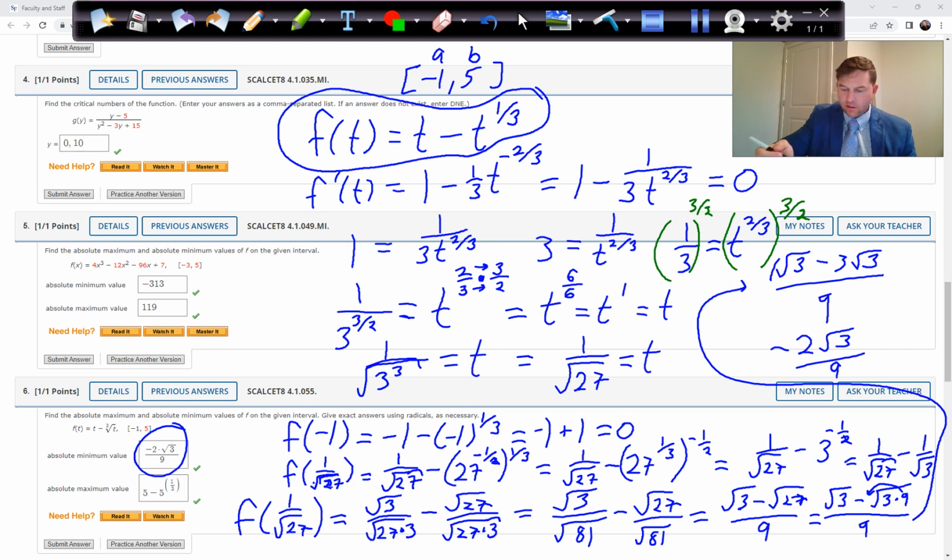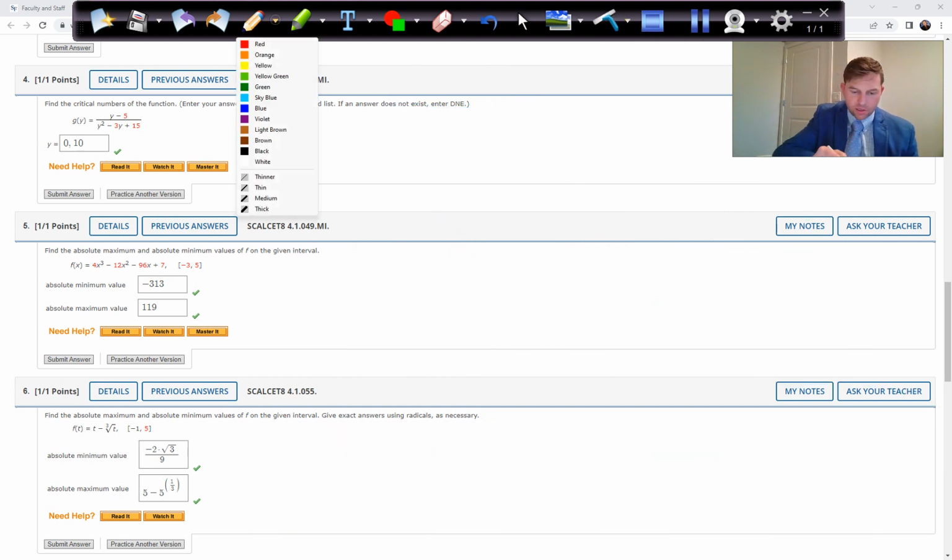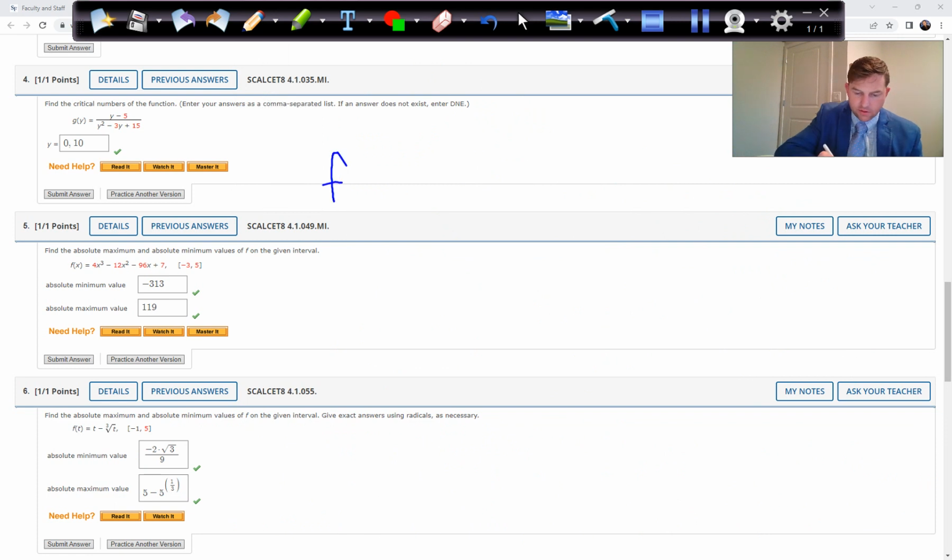Okay, but we're not done yet. We have to also plug in f of 5. So f of 5 will equal 5 minus 5 raised to the 1/3. And it helps to come up with decimal values for these things.